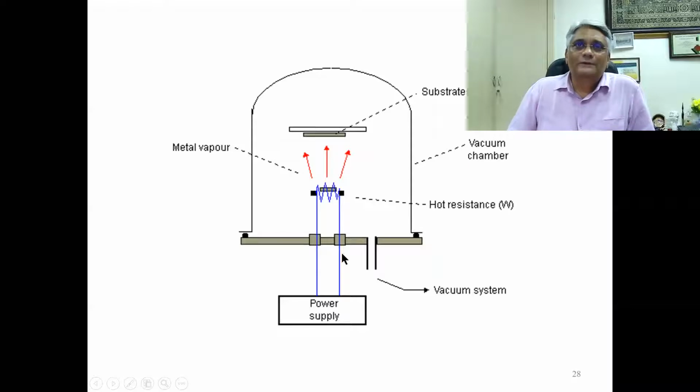Now you have the chamber. You have a heater there. You have a crucible, and you give enough power for the heater to reach the temperatures required to melt the source. And when the melt starts evaporating, because you have also created a vacuum there, vaporization happens, leading to the vapor atoms settling down on the surface, leading to thin film formation.